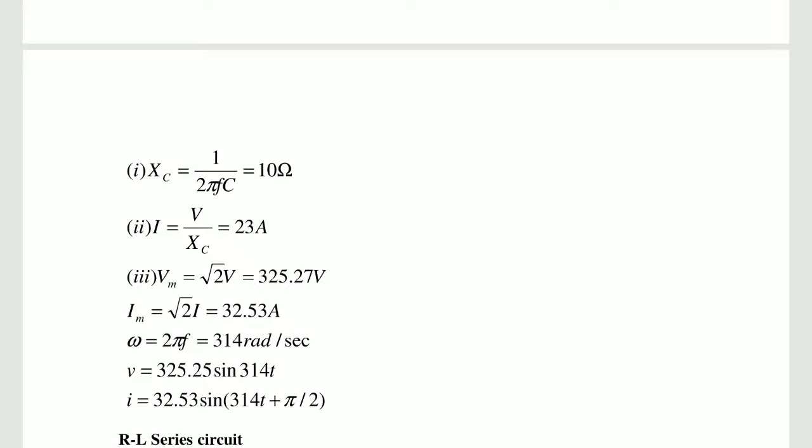Pi value is 3.14. From this, omega is equal to 2 into 3.14 into 50 hertz, which is 314 radians per second.